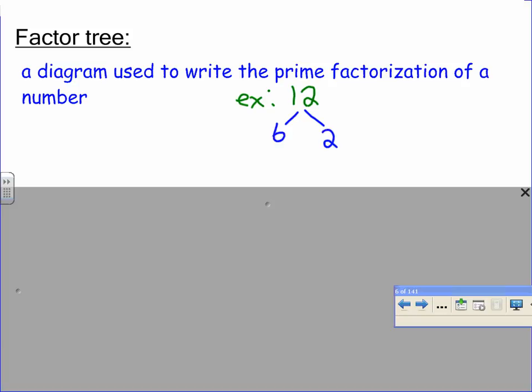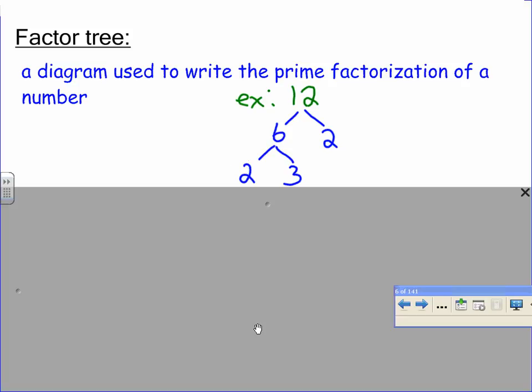So I want you to go ahead and make 12 as an example. And then let's branch off the 6 and the 2. So 12, which is the number they would give us, is the top of our factor tree. We're breaking it down into 6 and 2. 2 is prime, but 6 is not. So 6 we break down into 2 and 3. Yep, that's exactly where I'm getting.